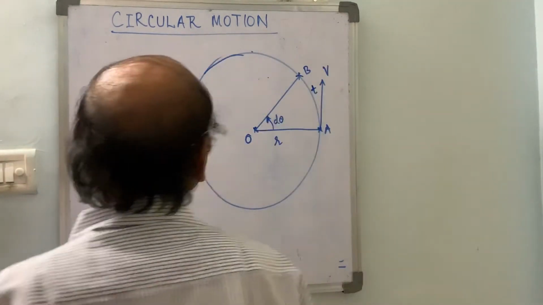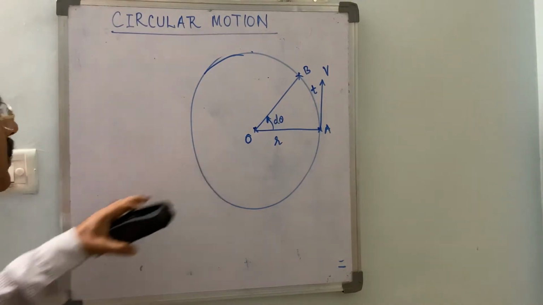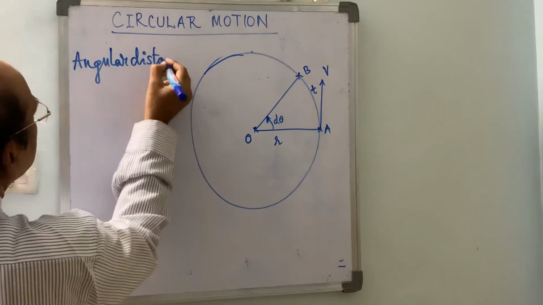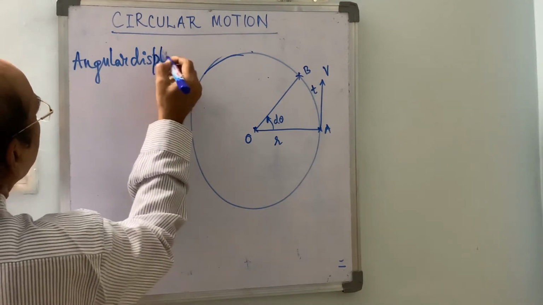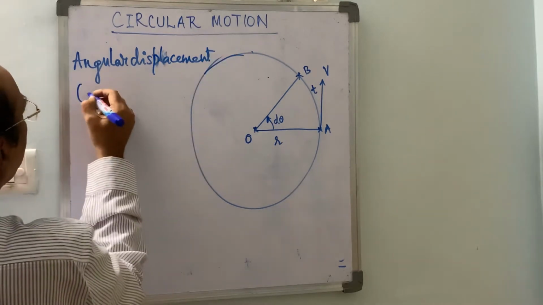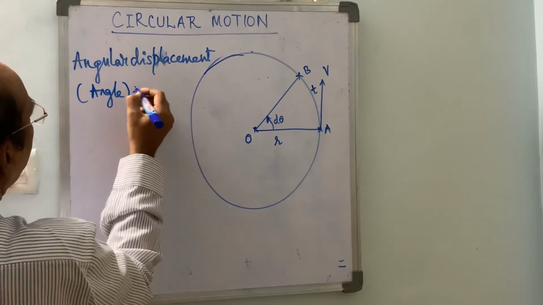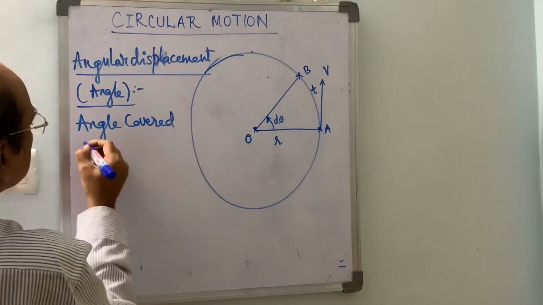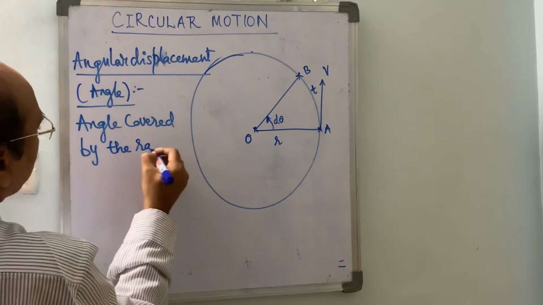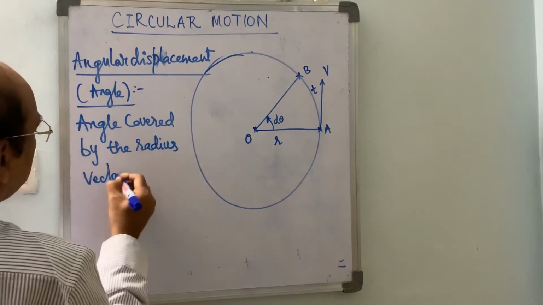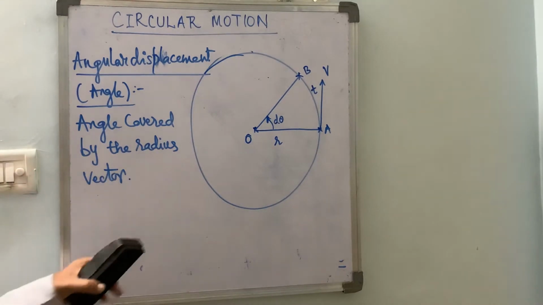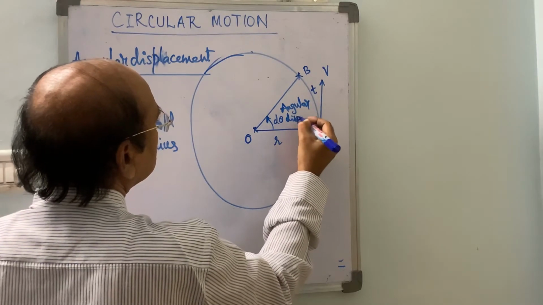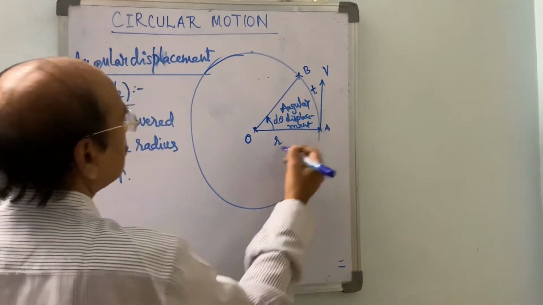So here angular displacement is simply the angle covered by the radius vector in a given time. This is angle AOB.